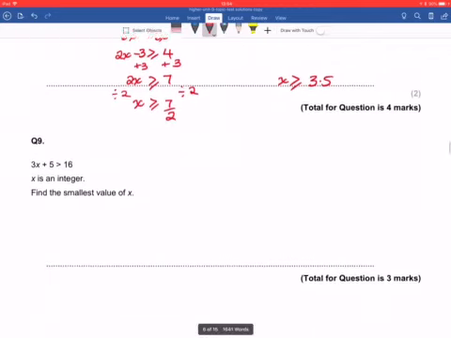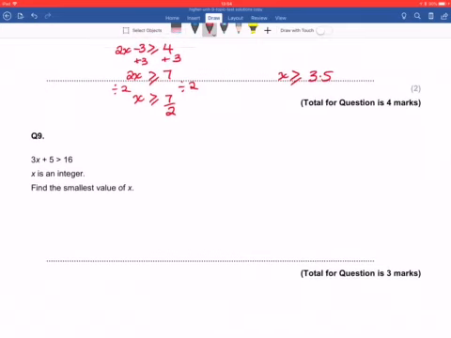Right. Now, I think some people here didn't know what an integer was. An integer is a whole number, 1, 2, 3, 4, 5, 6, 7. And actually 0 isn't an integer, which is another thing altogether. But it's one of the counting numbers. So it wants you to find the smallest value of x. So it can't be a fraction or a decimal.